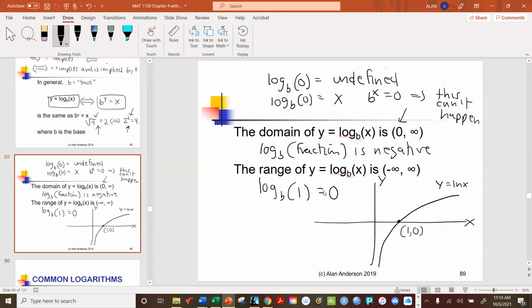It can equal anything above 0, but not 0 itself. And that's why this picture should show you why that is. And then you can see on the vertical axis, there's no limit to the number of values of y it can have, but x can only start at slightly past 0.